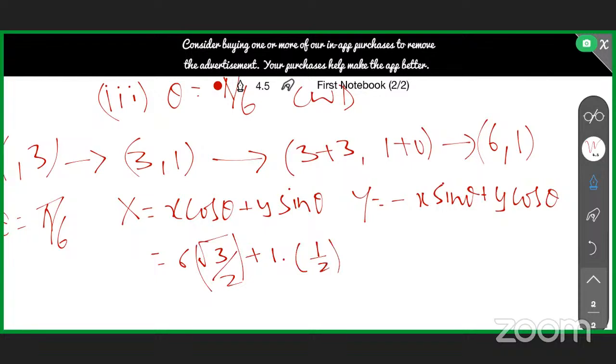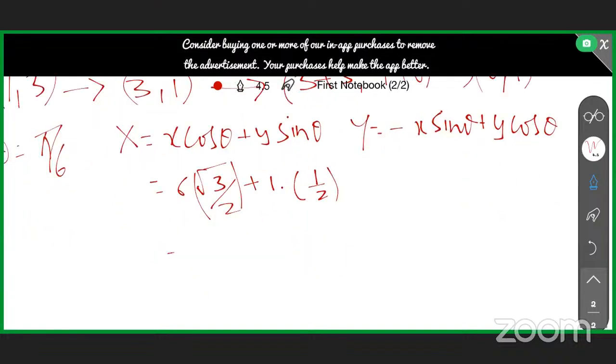This simplifies to 3 root 3 plus 1 by 2. Yes or no? Yes, sir. Or else we'll keep the 6 as it is and take the LCM, which will be 2: 6 root 3 plus 1 by 2. So this is my X.